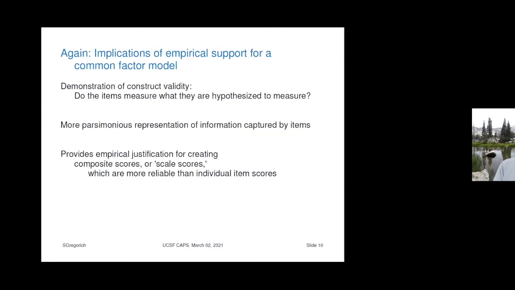So again, the implications of empirical support for a common factor model are, it's a demonstration of construct validity. You can have a more parsimonious representation of your data, and it provides empirical justification for creating more reliable composite measures.